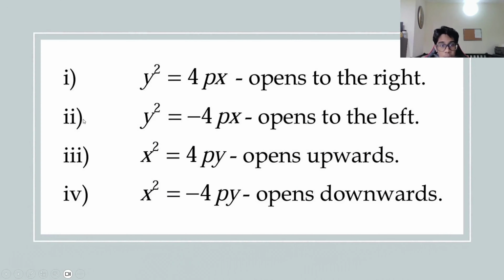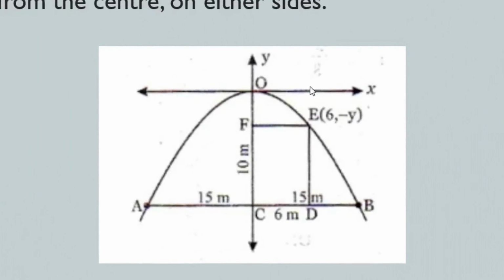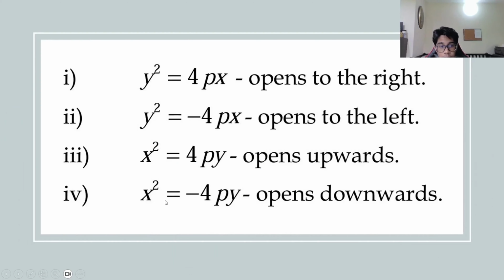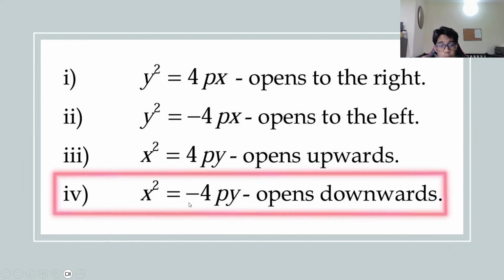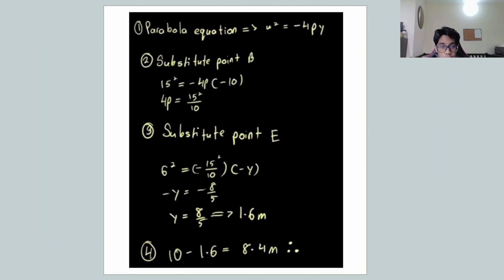These are the equations for parabola. From the graph, we can see that it is opening downwards. So the equation for a graph that's opening downwards is x squared equals negative 4py. And over here, these are all the formulas that you can use to answer parabola questions.